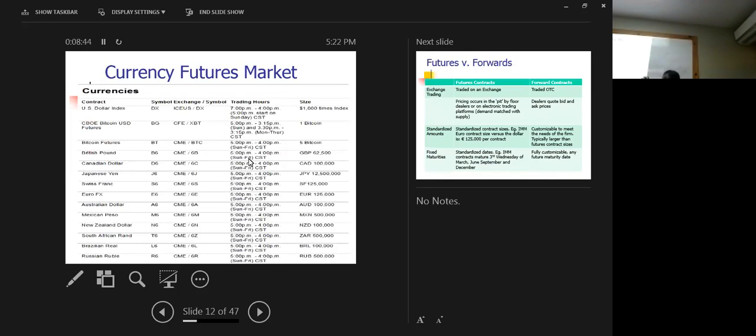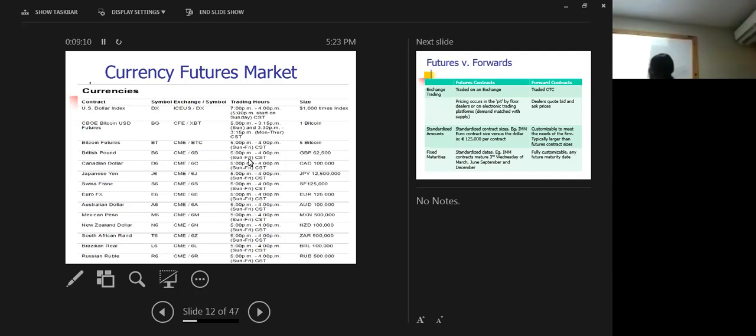But with currency, we have value. So if you need to exchange currency for your receivable or payable, and you want to use futures, it has to be in one of these denominations. If it's 2 contracts, it's going to be 250,000 euro. And similarly, if it's 1 contract, it's going to be this. If it's 5 contracts, it's going to be 500,000 Australian dollars, right? Currency goes in contract sizes.